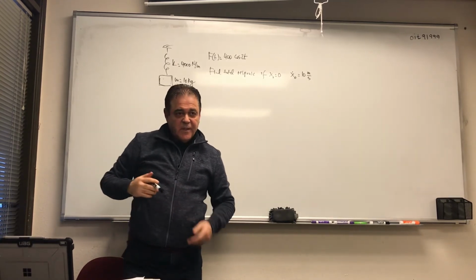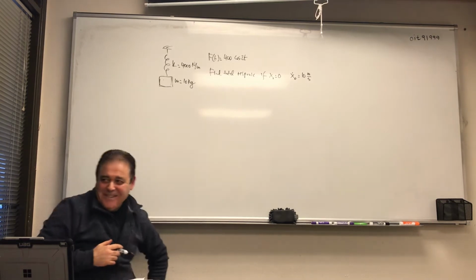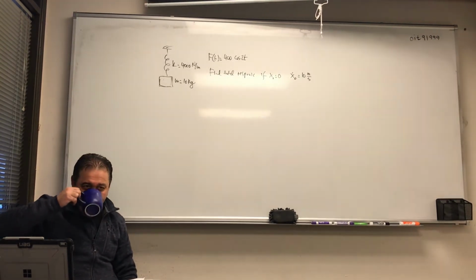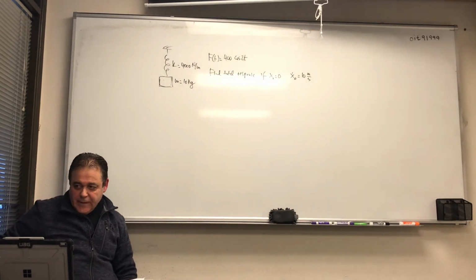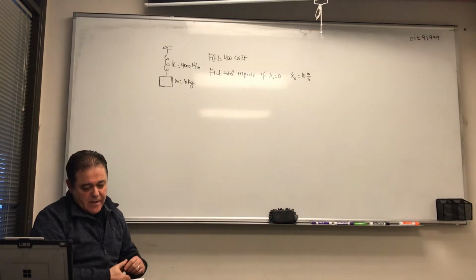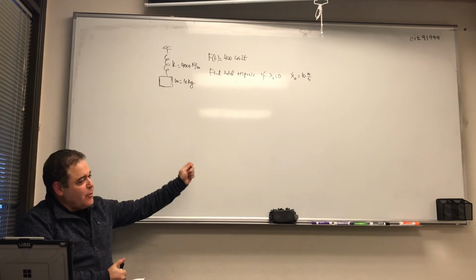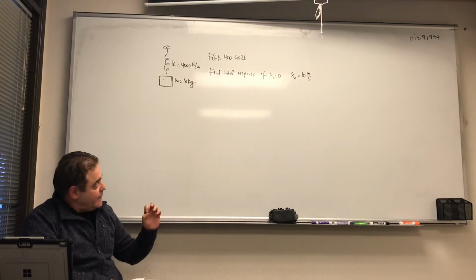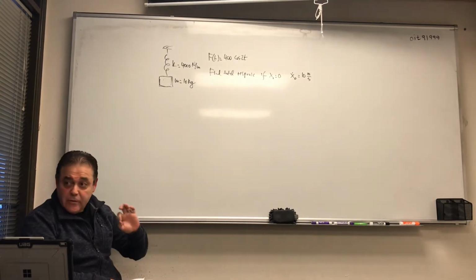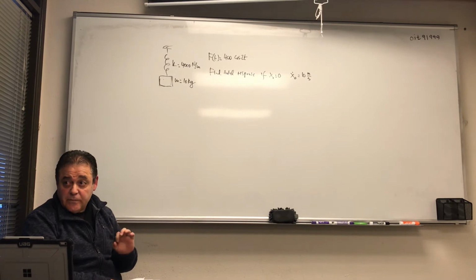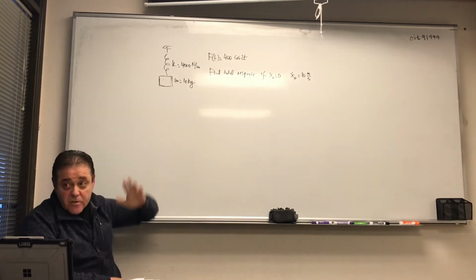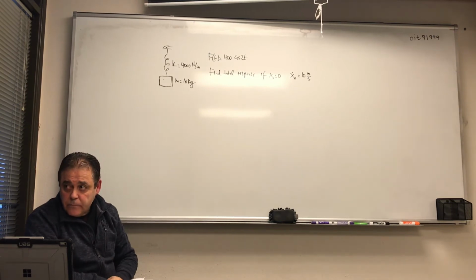All right, any volunteers? Tyler? I was the one who had the problem with it. In this case, is F0 the force, 400 newtons? Very good question. So when you have a function like this, what is F0 equal to? 400.